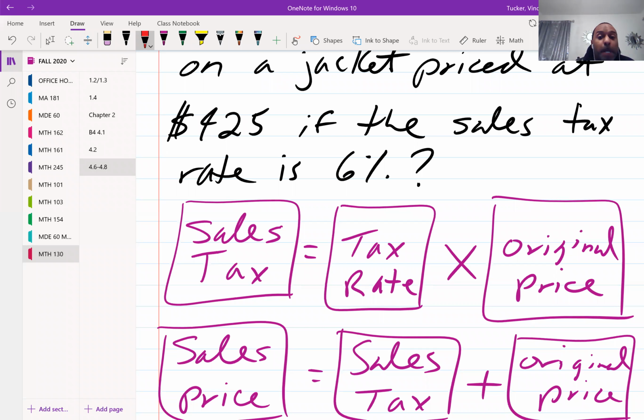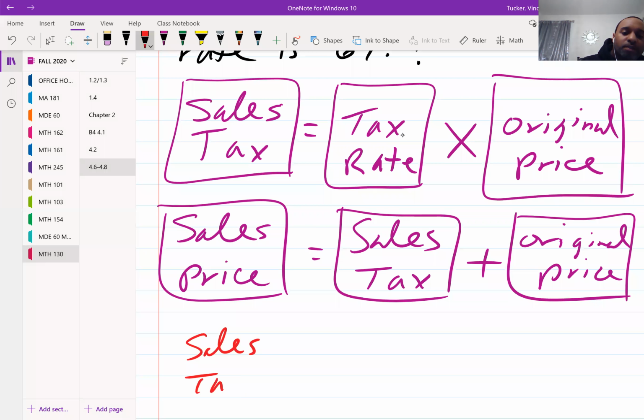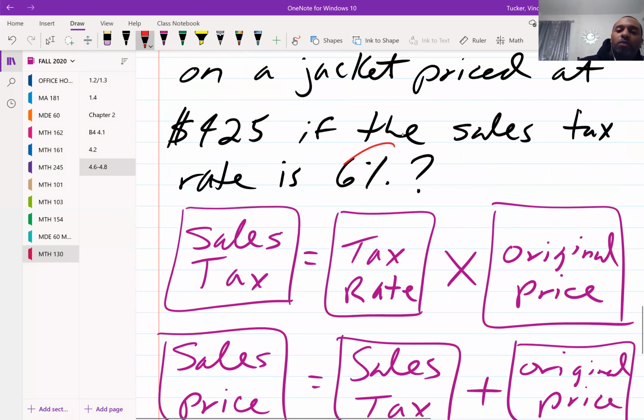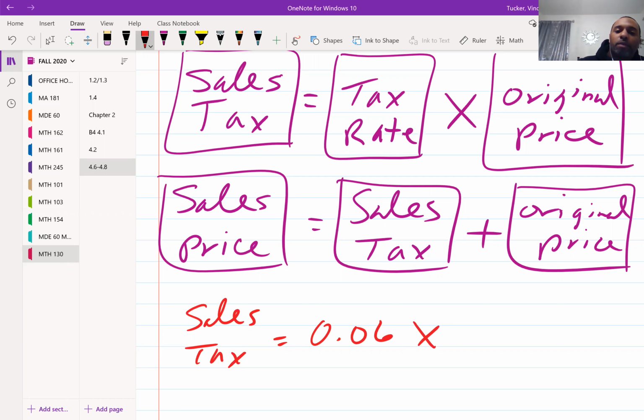All right, so let's look at original price. Matter of fact, let's just go ahead and calculate the sales tax. Tax rate is 6%. So don't forget, as a decimal, that's going to be 0.06. And then we're going to multiply that times our original price, 425.